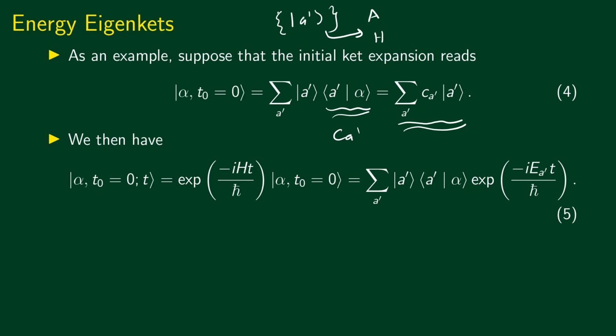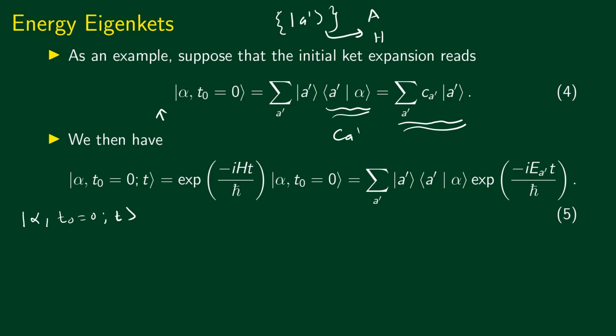Now we can find the state at any later time. All you have to do is to apply the unitary time evolution operator to the left of this initial state ket. So we'll write the state at a later time t like this: ket alpha, t0 equal to 0 at time t. We are just following the notation that we fixed in the beginning.